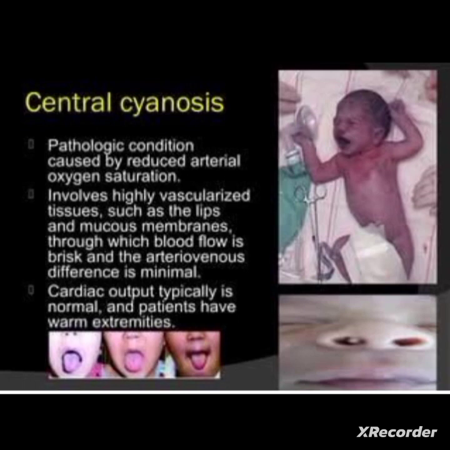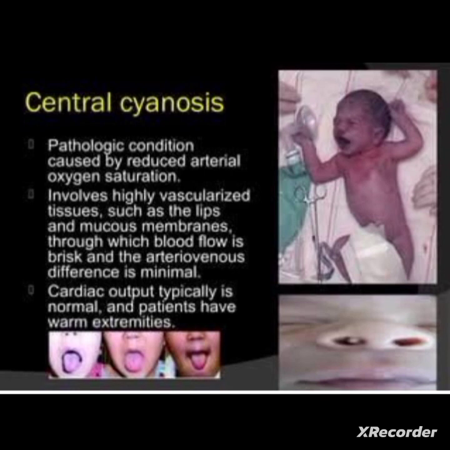Central cyanosis is a pathological condition due to reduced arterial oxygen saturation. Here, the arterial oxygen saturation is decreased. So, central cyanosis is caused mainly by conditions that decrease the arterial oxygen saturation.